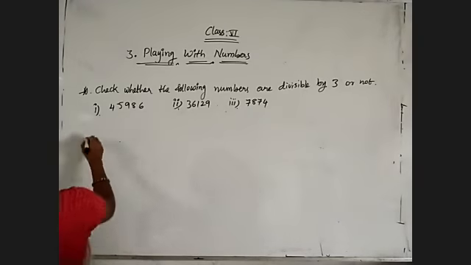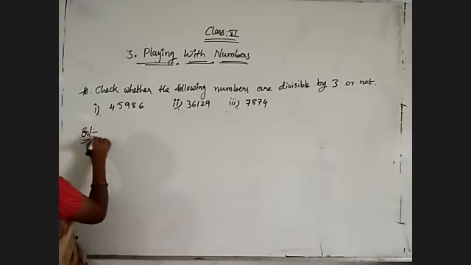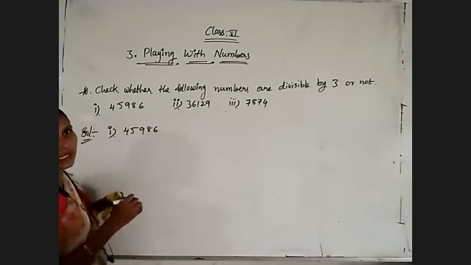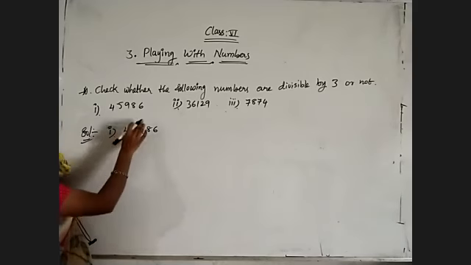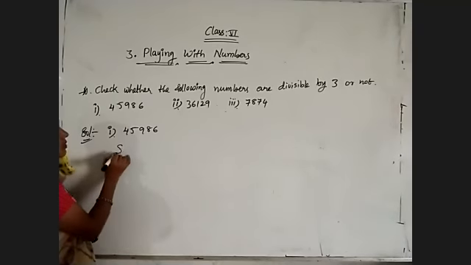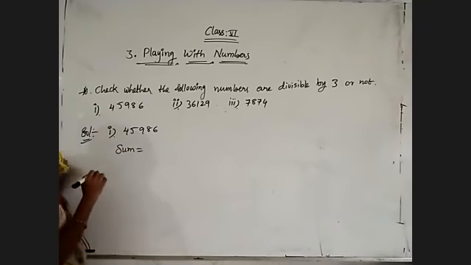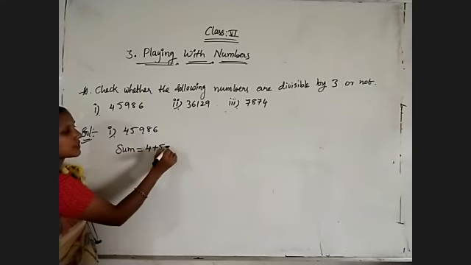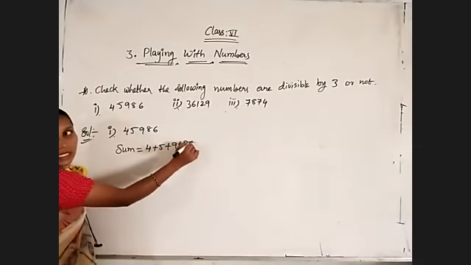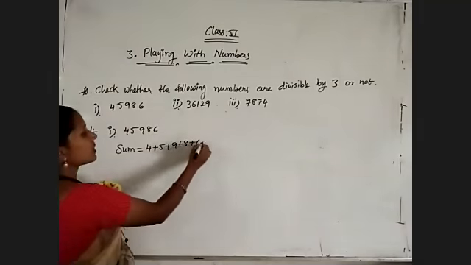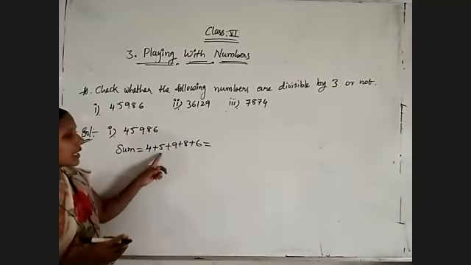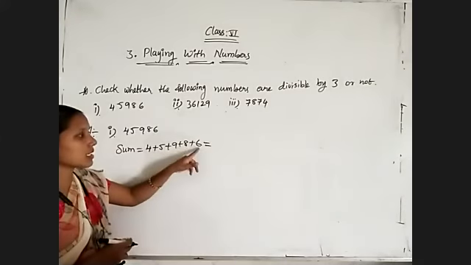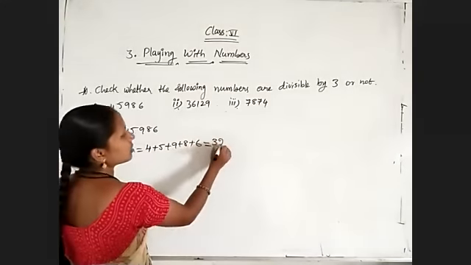Okay, for this first question, 45,986. So what is the divisibility rule of 3? We need to check the sum of the digits. So what is the sum of the given digits? 4 plus 5 plus 9 plus 8 plus 6. Which is equal to 4 plus 5, 9. 9 plus 9, 18. 18 plus 8, 26. 26 plus 6, 32.